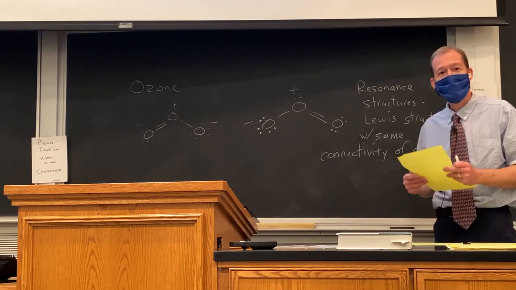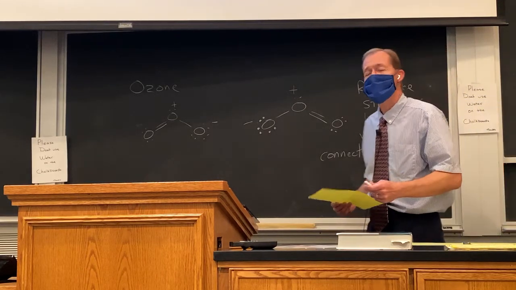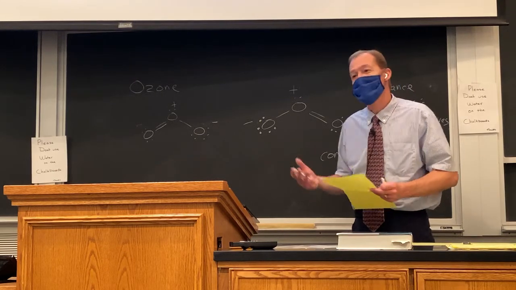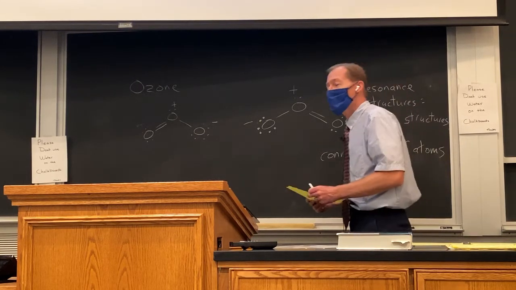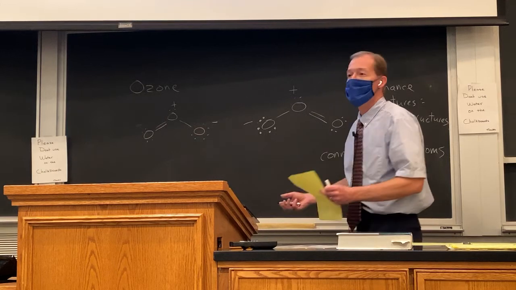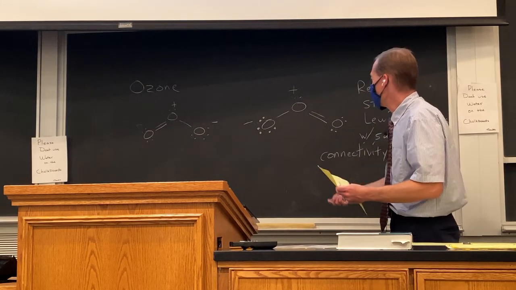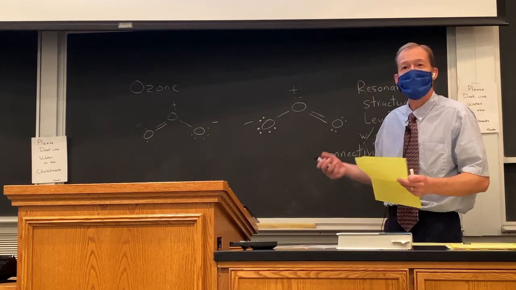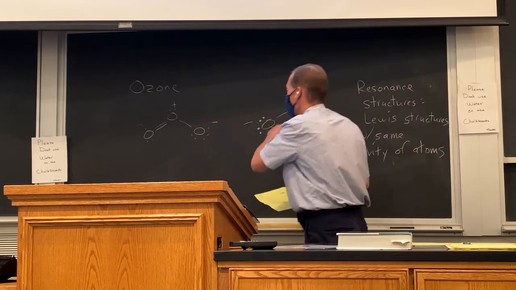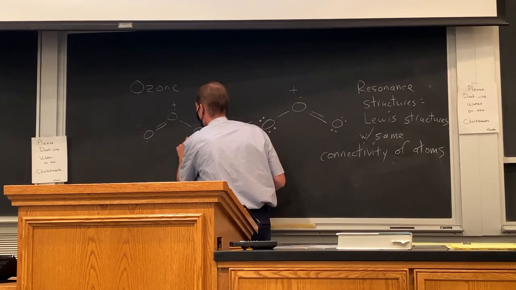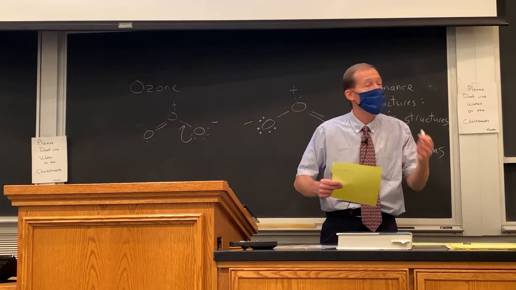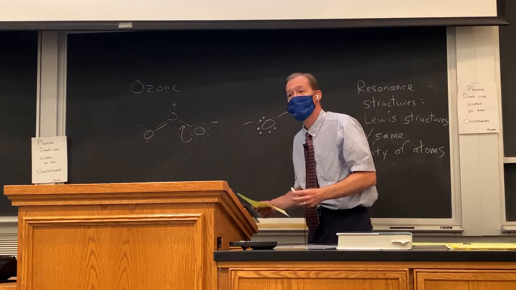Okay? Now, we like to use arrows when we're showing the relationship between resonance structures. So if we were to show the relationship between these 2 resonance structures, we would say if we were going to convert the resonance structure on the left to the one on the right, we would have to convert one of these lone pairs from the oxygen on the right into a double bond or a pi bond.